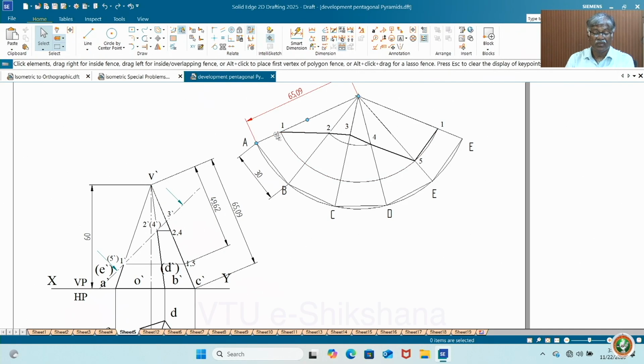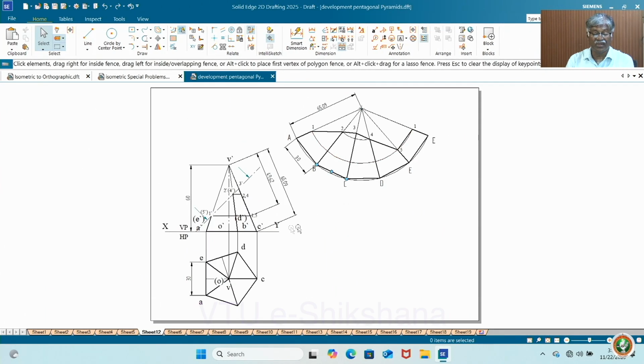Now, draw all boundary lines dark, then the edges which are starting from the intersection points are to be marked dark lines, because they are going to be retained after taking section. Okay. Now, this is what the development is. So, here the criticality of the problem is identifying the true length.